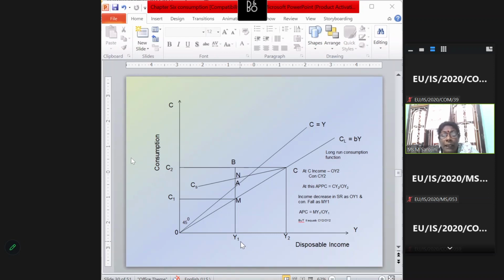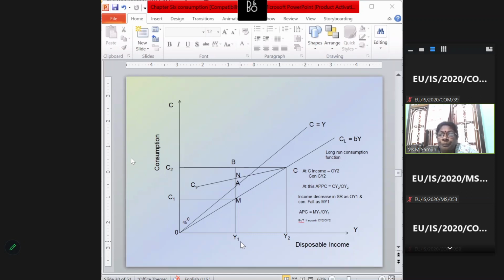That means the income is decreasing from Y2 to Y1, but the consumption decreases only to M.